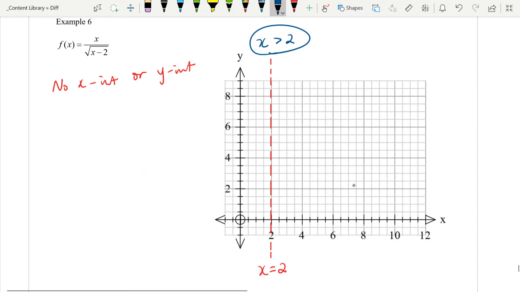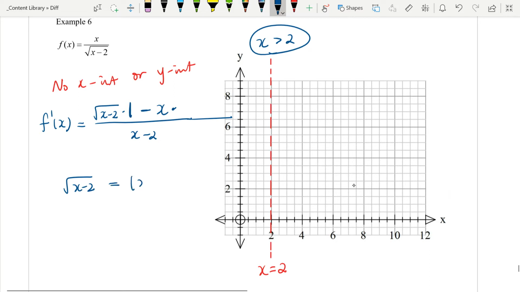So how can we find the derivative? Okay, let's go for the quotient rule. The denominator is just x minus 2, squared. Then we have square root of x minus 2 here times 1, because the derivative of x is 1, minus x times the derivative of square root of x minus 2. So that's (x minus 2) to the power of a half.